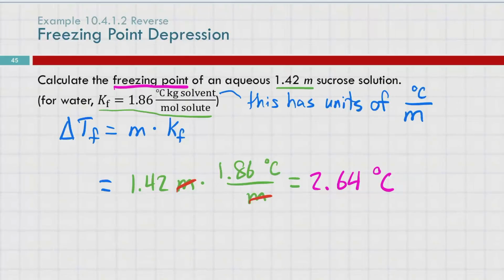Or going down or decreasing. Would it make sense for our freezing point to increase? No. What we calculated was the delta TF, the change in the freezing point, basically. So that means our freezing point changed by 2.64 degrees Celsius, and it should have gone down. So our answer is actually minus 2.64 degrees Celsius.